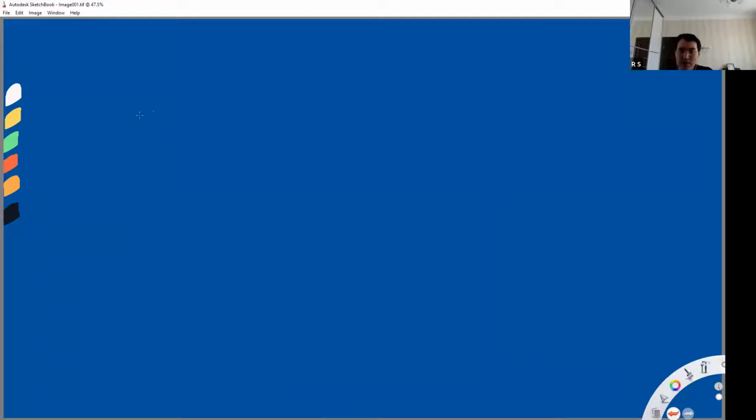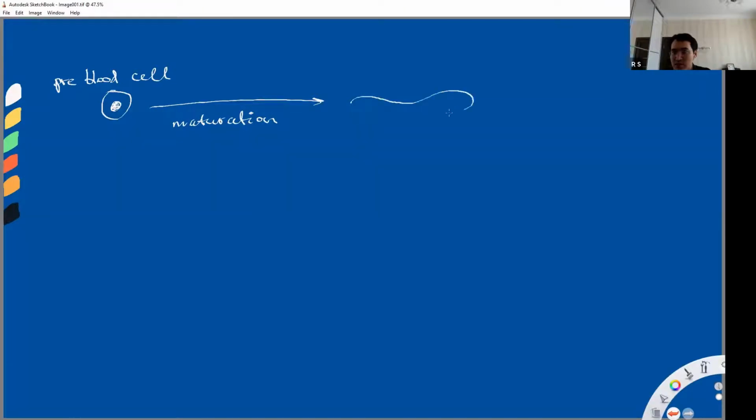So if you think about the erythrocyte, it starts with one of the progenitors of blood cells. And as any cell, it contains some kind of nucleus. But after the process of maturation, it becomes discoid. If you look at it from the side, or you can also see it like this.